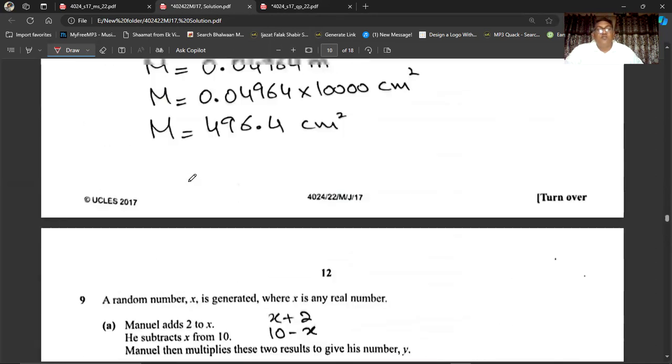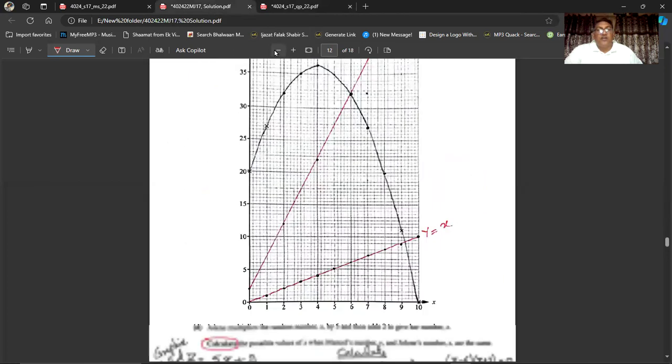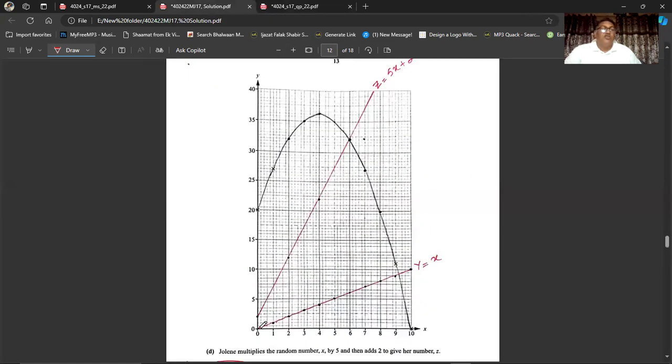So I will plot these points here. Let me show you. I plotted those points here. You can see 0 comma 0, 1 comma 1, 2 comma 2, 3 comma 3, 4 comma 4, 5 comma 5, 6 comma 6, 7 comma 7, 8 comma 8, 9 comma 9, 10 comma 10. Then I've joined them with this red line. So this is the line for y equals x.